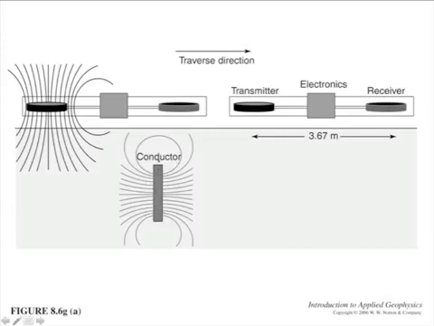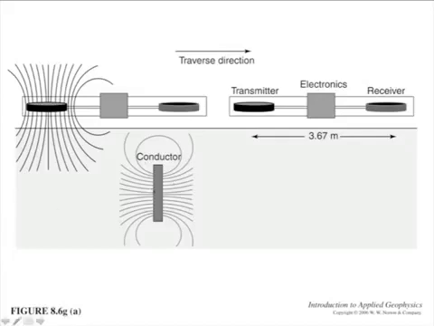The conductor extends into the screen and out of the screen, and it's oriented perpendicular to the traverse direction. Here we're putting changing magnetic fields through that conductor, and we're getting eddy currents because the magnetic fields are constantly changing. They're sinusoidal in the EM31.